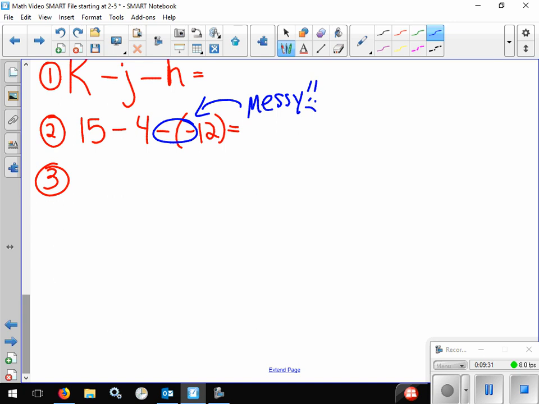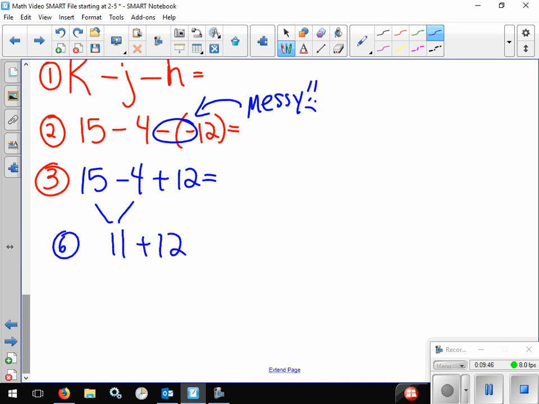Sad face. Okay, so then we have 15 minus 4 plus 12. I remember I do this kind of incrementally. So then 15 minus 4 is just 11 plus 12. This is step 4. Okay, so 11 plus 12 is 23.